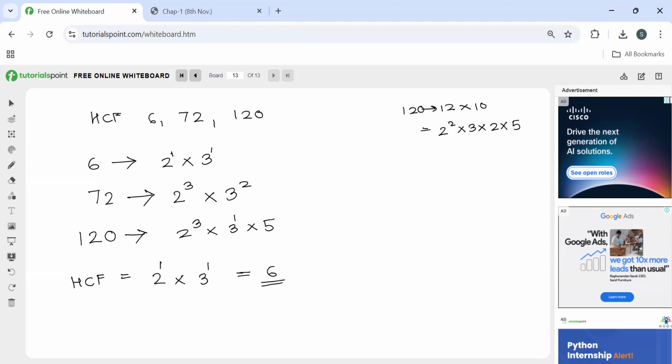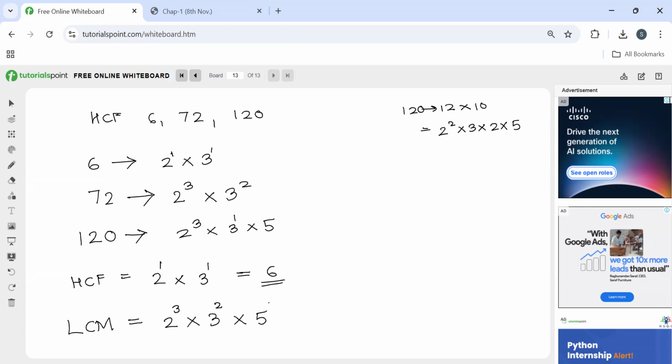Let us also find out the LCM. So in case of LCM, you not only write the common factors, you write all the prime factors once. That is, you write 2 once, 3 once, and 5 once. So all the factors are done. Now we take the highest power. In case of 2, the highest power is 3. In case of 3, the highest power is 2.